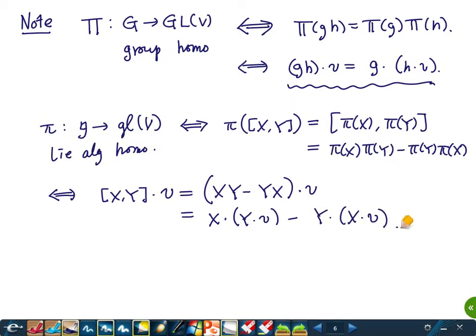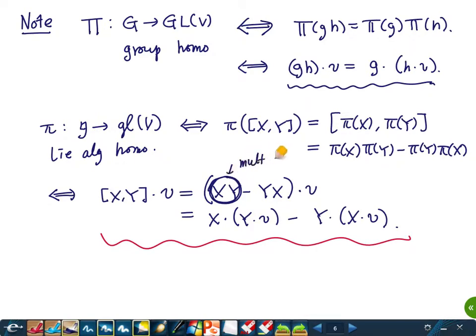So a Lie algebra homomorphism, or representation of a Lie algebra, is a linear action with this condition. That's another way of considering it. But here, this is multiplication as linear maps. We don't have multiplication like this inside g. This could be a little confusing, but this multiplication means a composition like this. Okay.